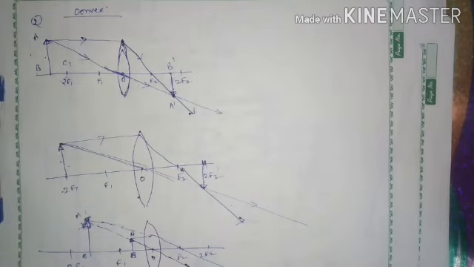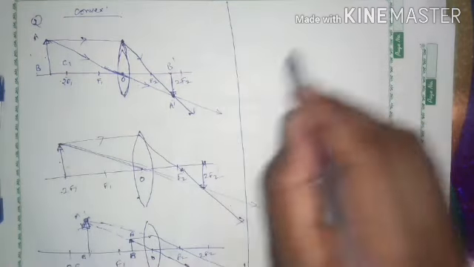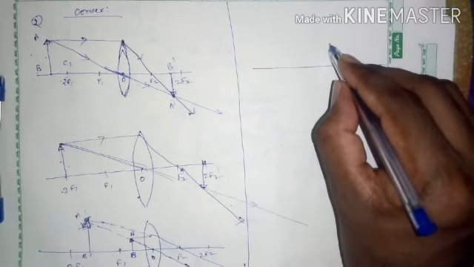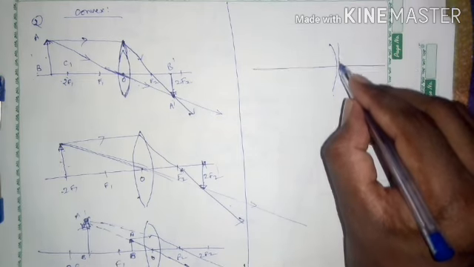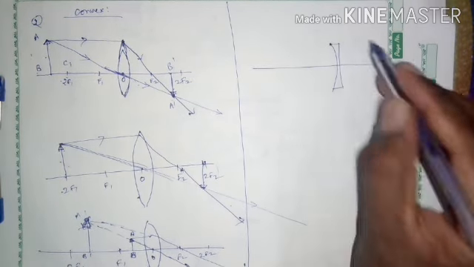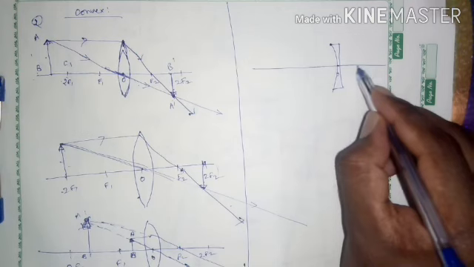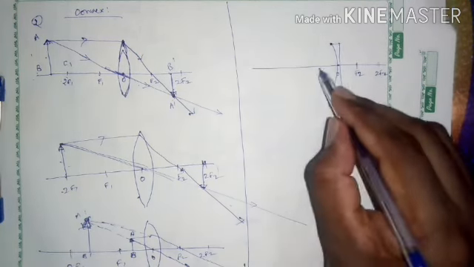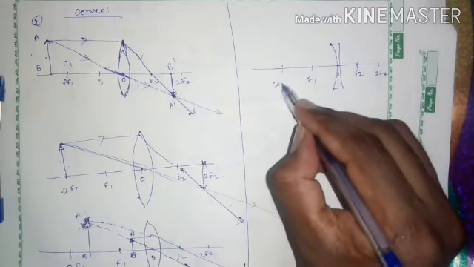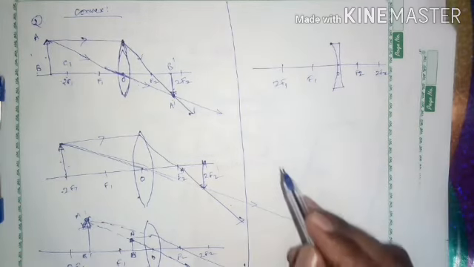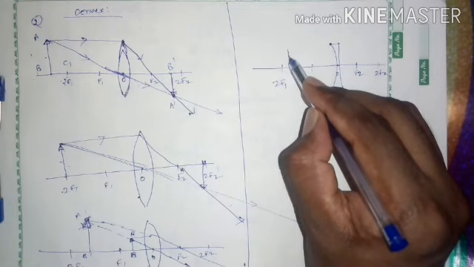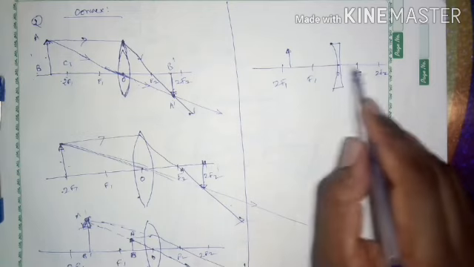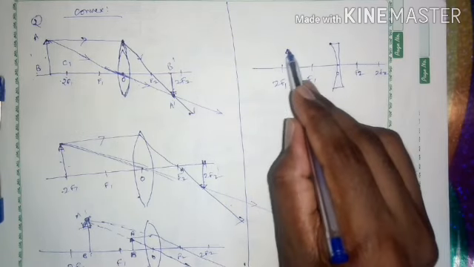Suppose you take the concave lens, there are only two cases. You draw the optical axis and draw the concave lens like this. Okay, mark O, F2 to 2F2, here F1, and this is 2F1. If you take any object between 2F1 and F1, the image will always be virtual and erect.